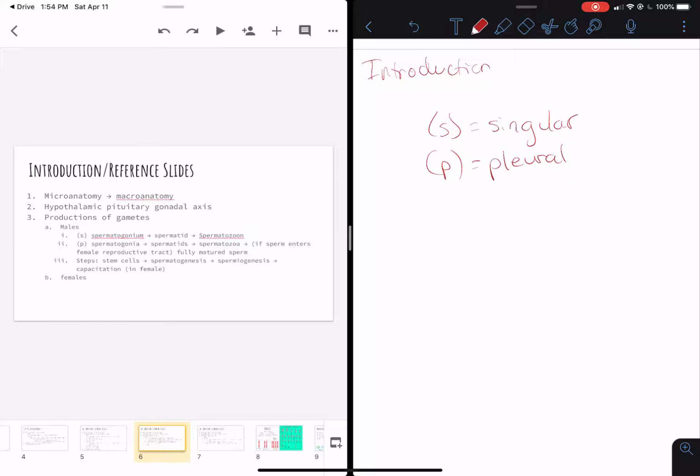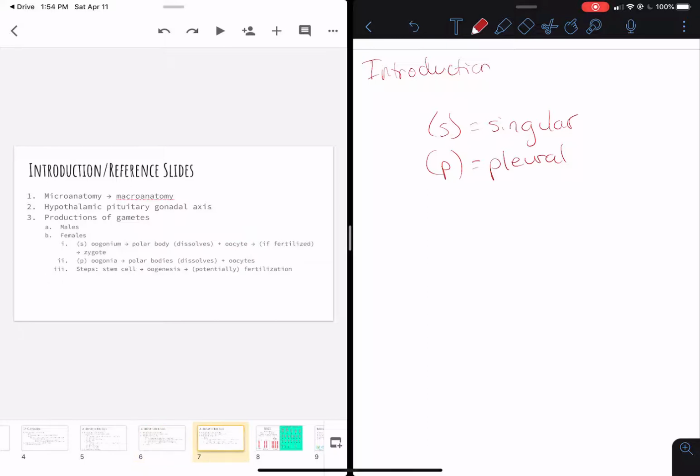And if a spermatozoon finally enters the female tract, then it'll become fully matured with another process. The steps here below are stem cells, which are the spermatogonia. They will go through spermatogenesis to become spermatids. Then those spermatids will go through spermiogenesis to become spermatozoa. And then if sperm enters the female tract, they will finish going through another final process called capacitation, and that's where they'll become fully matured sperm.